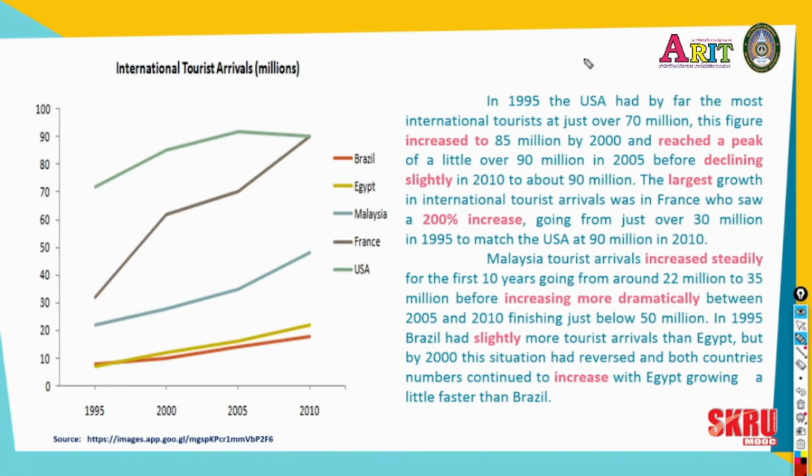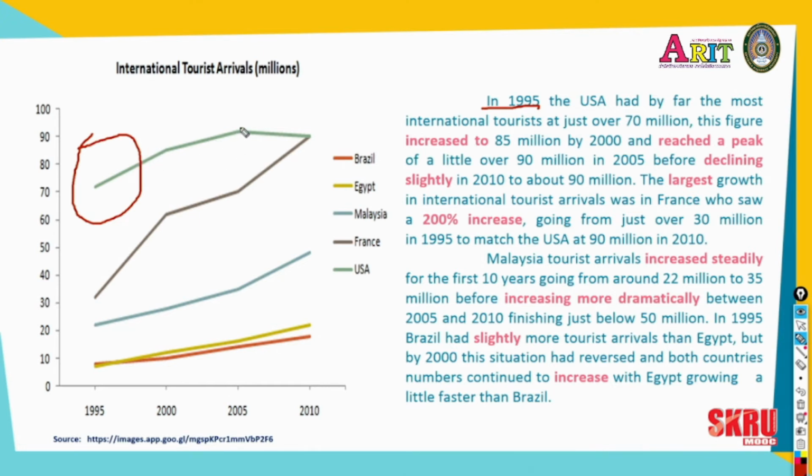So now we want to look at the main description of the data we see in the graph. Time periods. In 1995, the beginning of the chart, the USA had by far the most international tourists. As I said, start at the top, left to right. Just over 70 million.